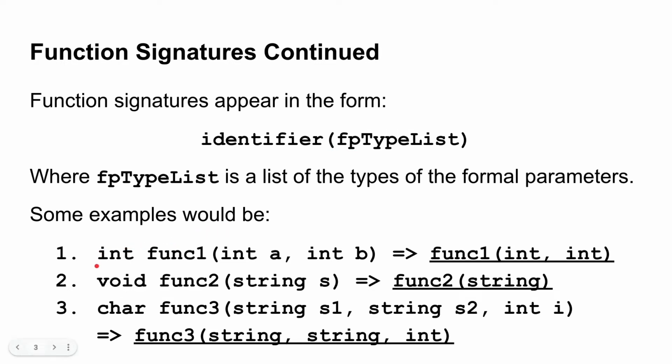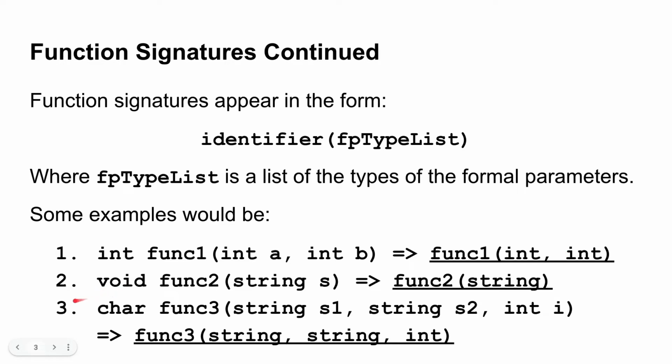So here we have a function header, func1, which has an integer a and an integer b. And its function signature looks just like this over here. It is the name of the function, the identifier, func1, and then we have an int and an int. We have a list right here, and it goes in order int. You can't tell really the order right now since there's two ints, but we can tell in a later example.